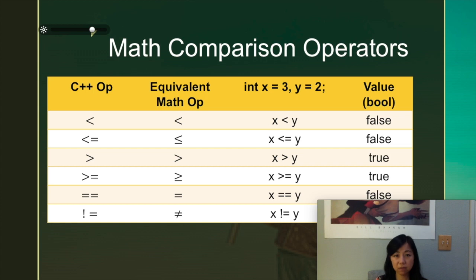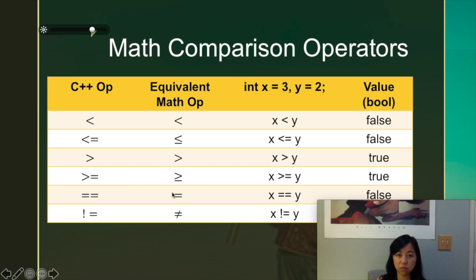So we talked about this before: smaller than, larger than, or equal to, and then this is equal to. I actually added a column so that you can see the equivalent math operator. So not equal is like this in math.